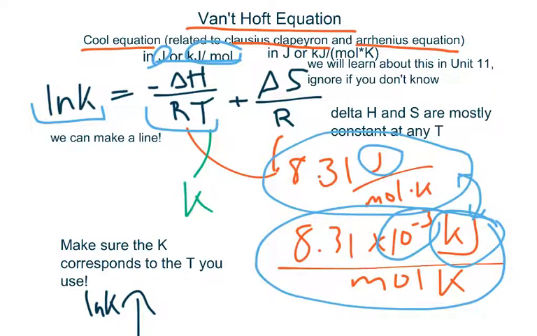So we do negative delta H over RT plus something called delta S over R.